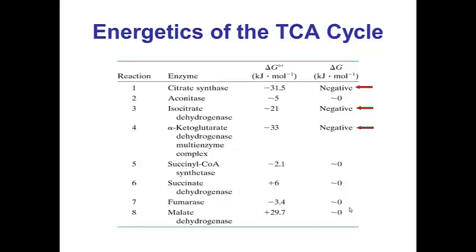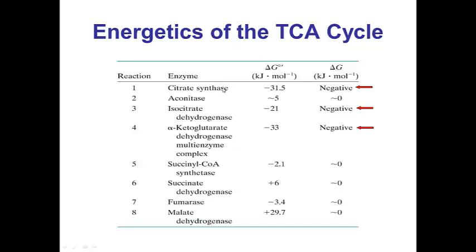So the last thing I want to talk about is the energetics that are associated with the TCA cycle. You can see here that there are 3 reactions that have a negative delta G. Most of the reactions under normal substrate and product levels are actually operating very close to equilibrium. So most of these reactions can go in either direction.